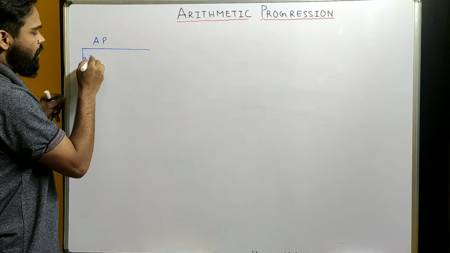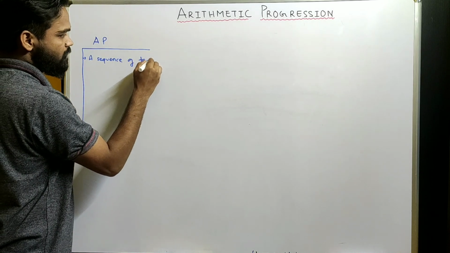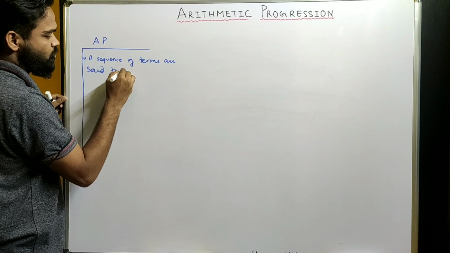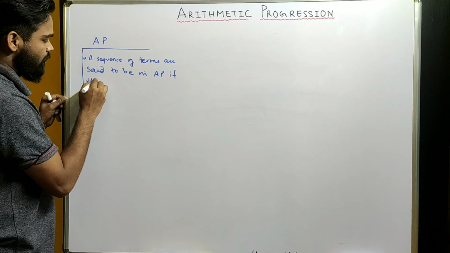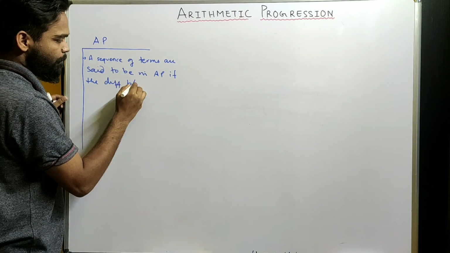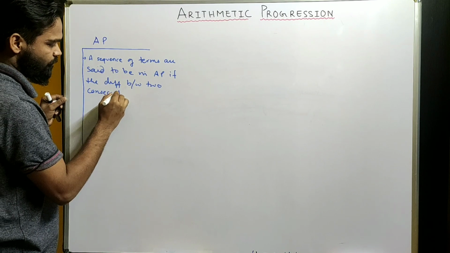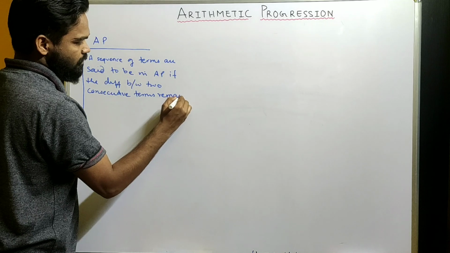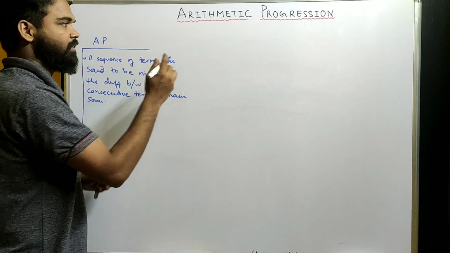Now, a sequence of terms are said to be in AP if the difference between two consecutive terms remains same. What do I mean by this? Just look at this.